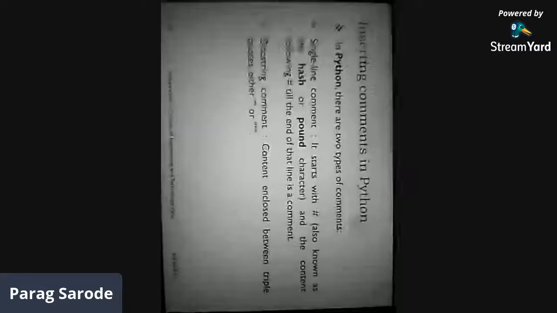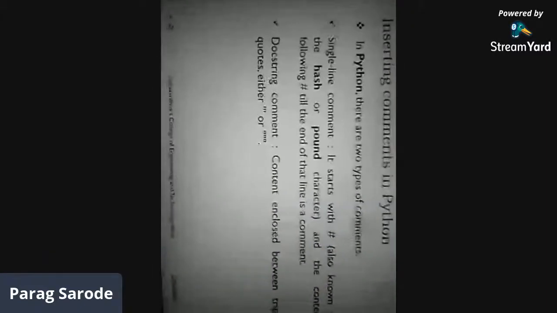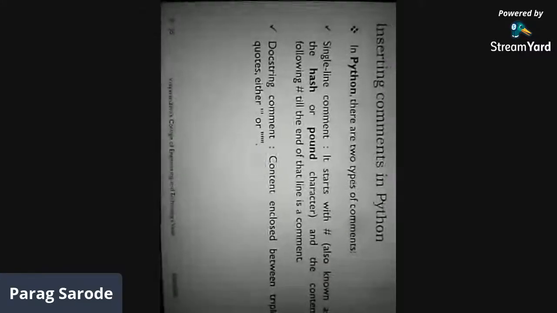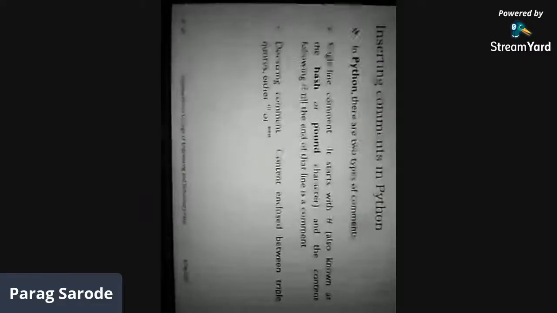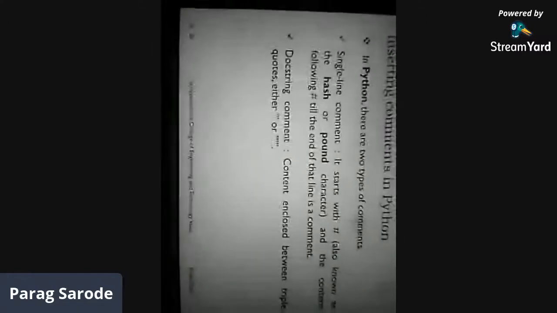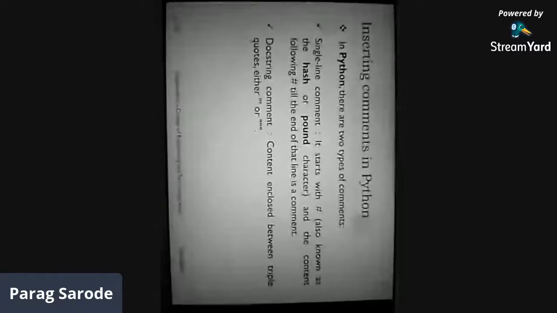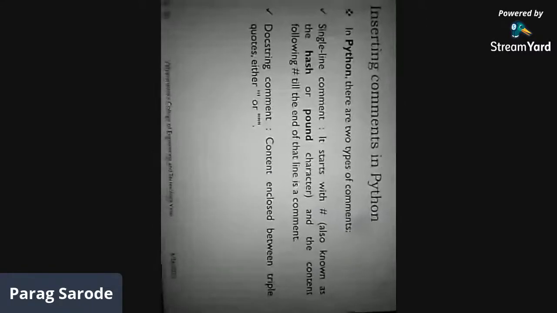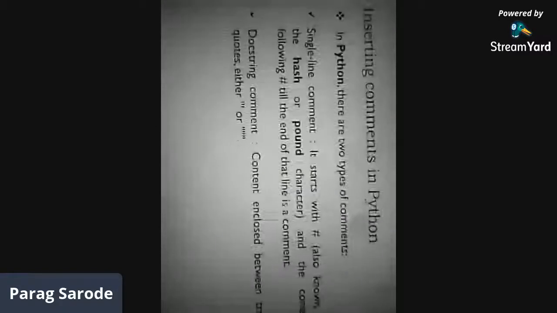So if you want to insert a single line comment in Python, you insert a hash. Till the end of the line, the code will not get executed. The next type of comment is called a docstring. Content enclosed between triple quotes, either triple single quotes or triple double quotes, is called a docstring.